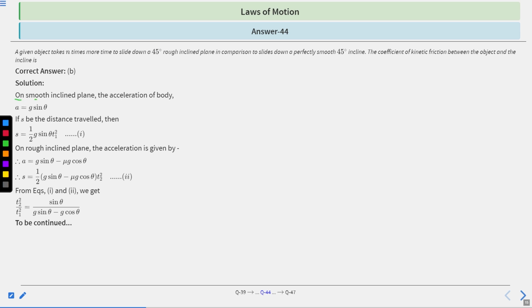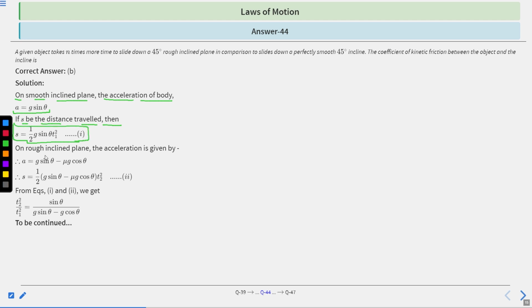So, on a smooth inclined plane, the acceleration of the body is a equal to g sin theta. If s is the distance traveled, then s equals half g sin theta t1 square. Clear? Let this be equation first.